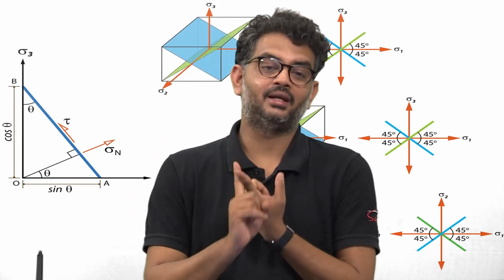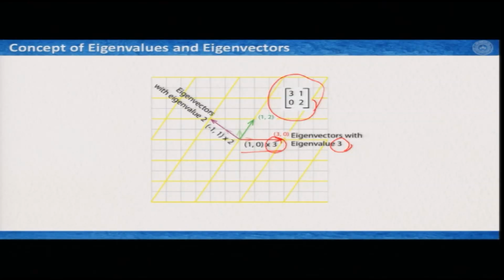The first one, that their directions are maintained, and these directions are known as eigenvectors, and the second one, that the multiplication it does in each and every increment of strain or deformation, is known as eigenvalues.